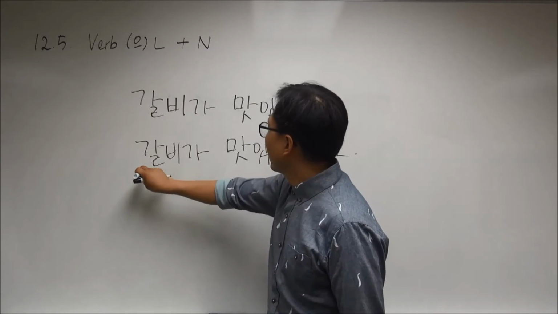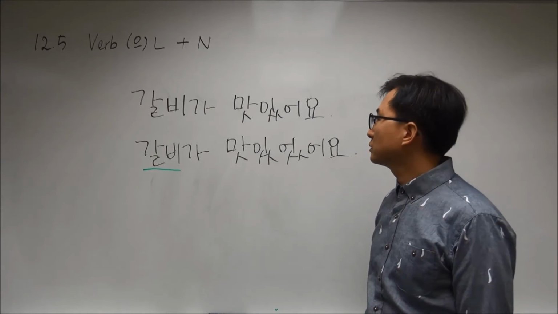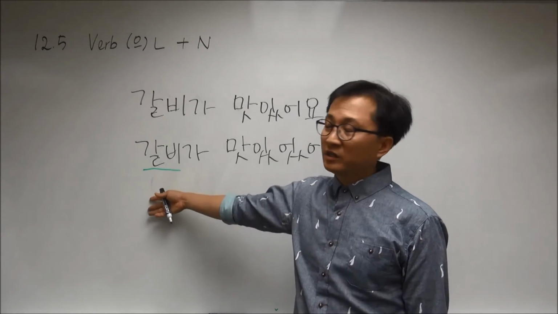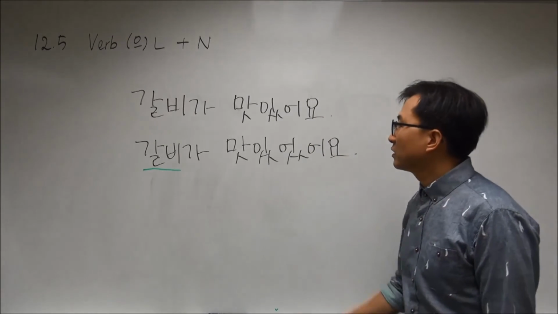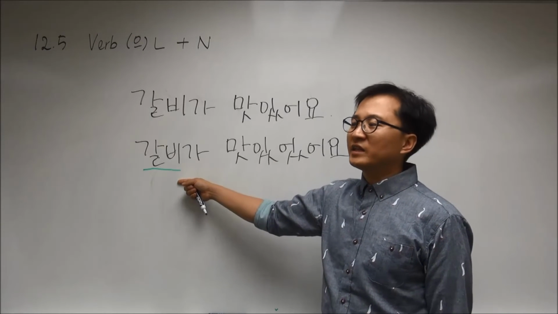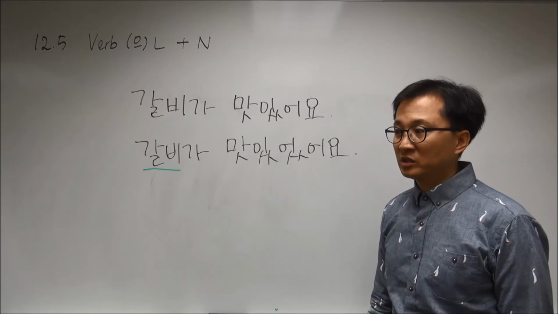You want to add more information to this 갈비. When did you eat 갈비? Yesterday. So you want to say, the 갈비 was delicious. What kind of 갈비? The 갈비 that I ate yesterday was delicious.